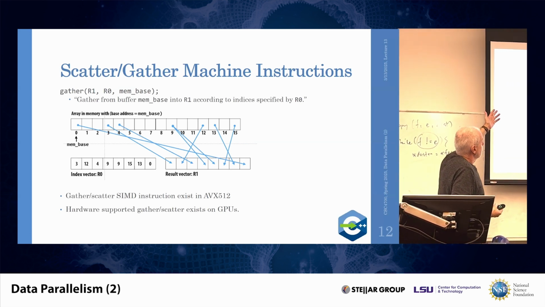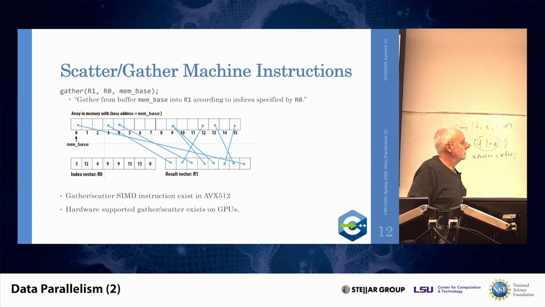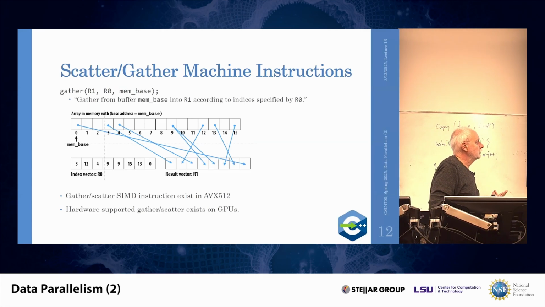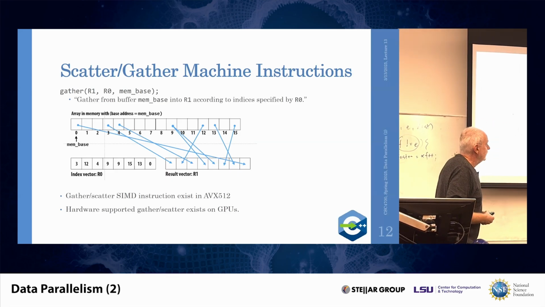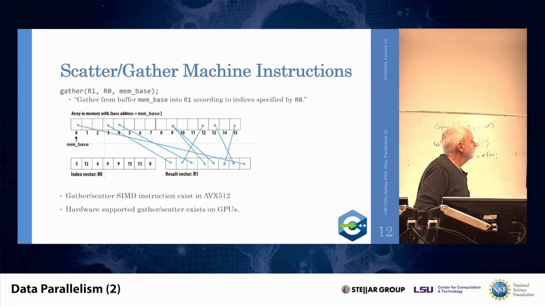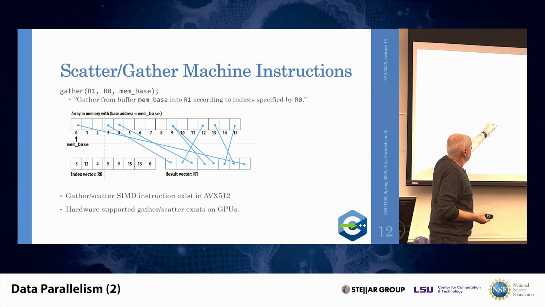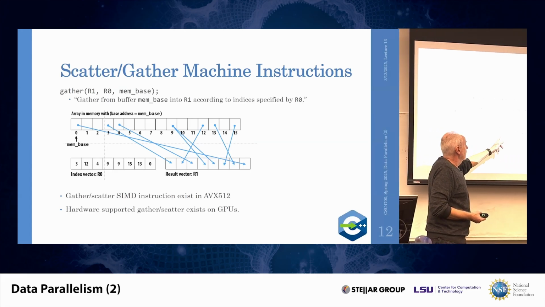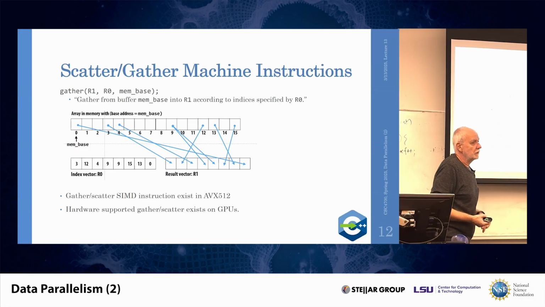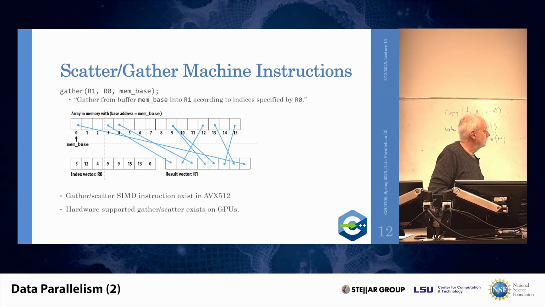For instance, there are SIMD instructions on x86 that allow us to gather data items from the memory given an index vector. So by loading the data from the memory, we can determine in what sequence these elements are being loaded into the SIMD register in the core.